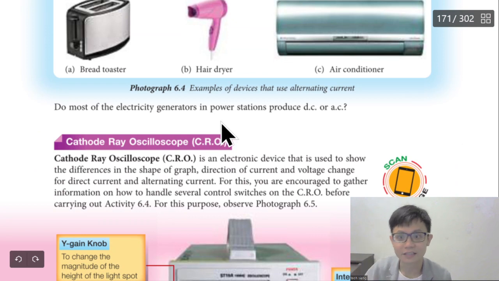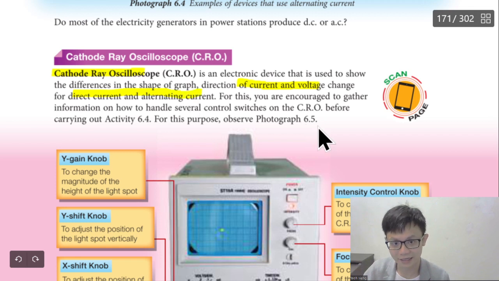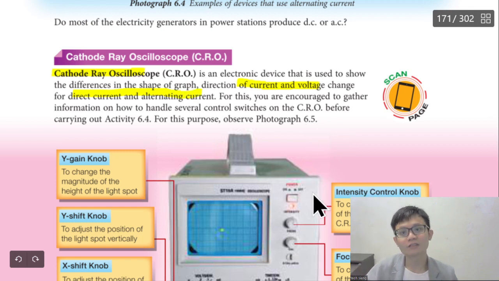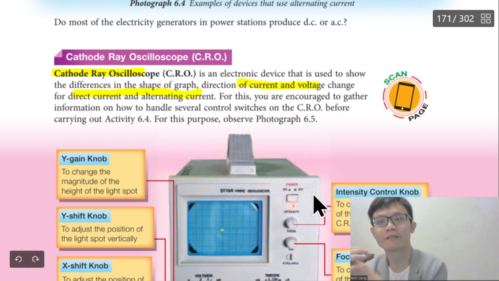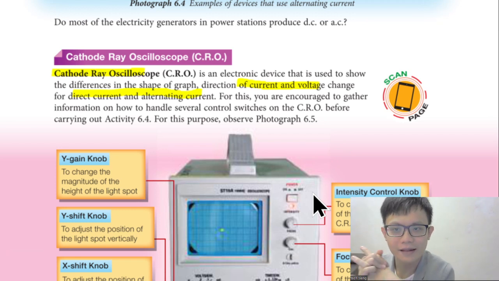Cathode ray oscilloscope. Okay, so what is this? The cathode ray oscilloscope is an electronic device that shows the graph of the direction of current and voltage, direct and alternating. So this is to see electricity. Because we are just human, we cannot see electricity, but if we are Superman, maybe we can.